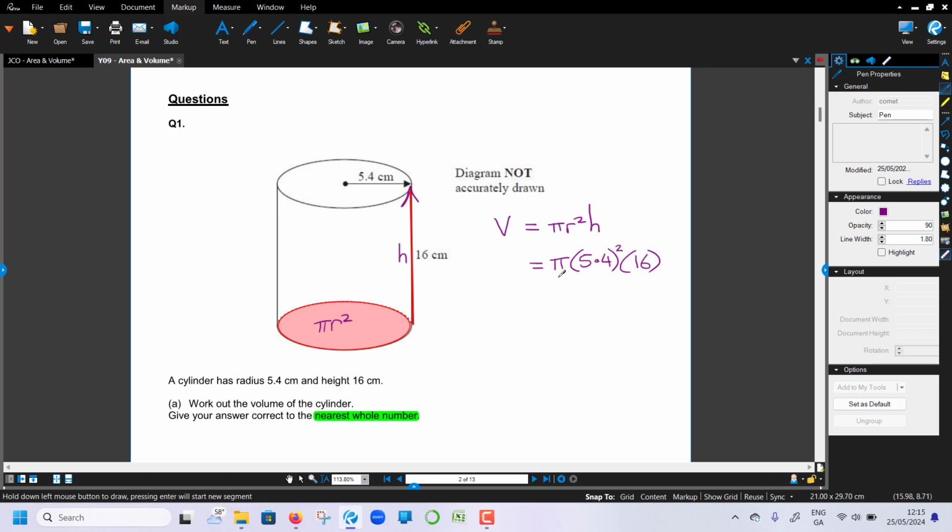So let's throw that into the calculator. This time we will multiply the pi because they want the nearest whole number. And I get 1465.741.